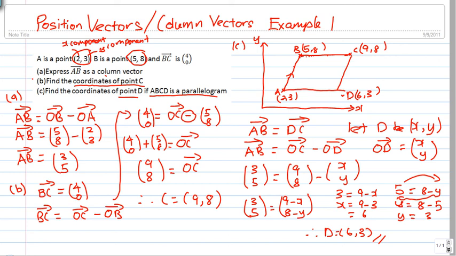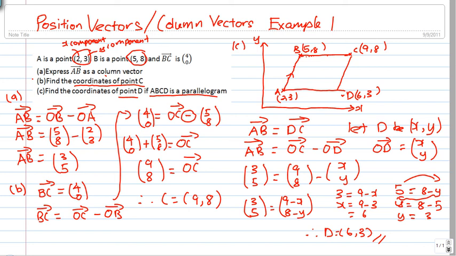You sort of have to visualize how it looks in order to solve it. It'll help if you draw a little picture and a graph, and you know where the points approximately are. Then you surmise that D could possibly be here. So if you want to find the coordinates of D, AB is equal to DC.